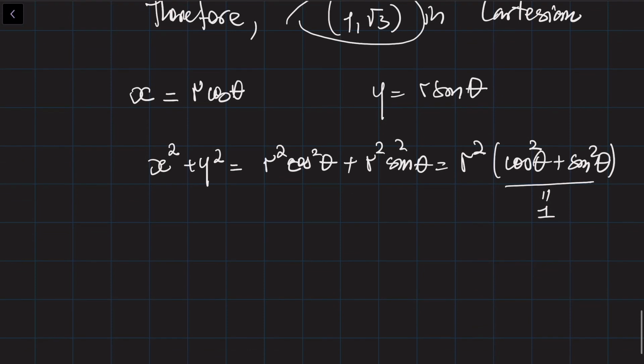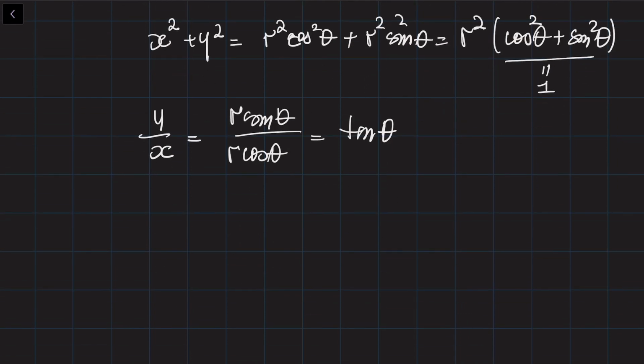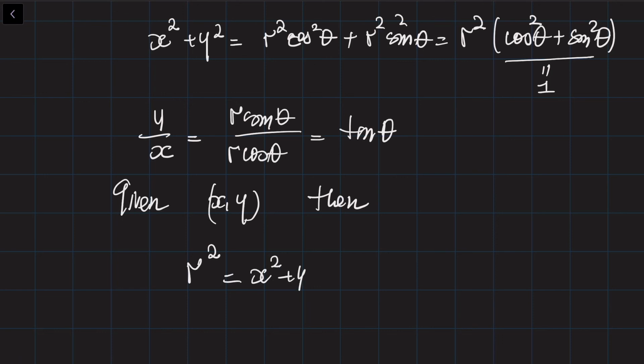At the same time, if I divide y by x, so let's divide y, which is r times the sine of theta, by r times the cosine of theta, it's going to be exactly equal to the tangent of theta. So it appears that if you are given x and y, then we can find r from this equation, because r squared is going to be equal to x squared plus y squared.